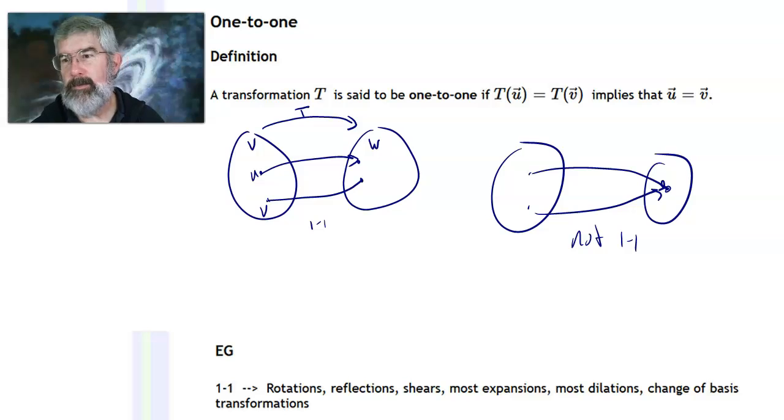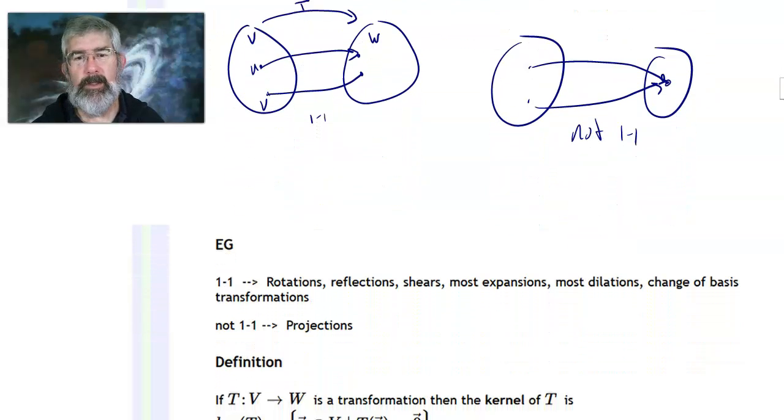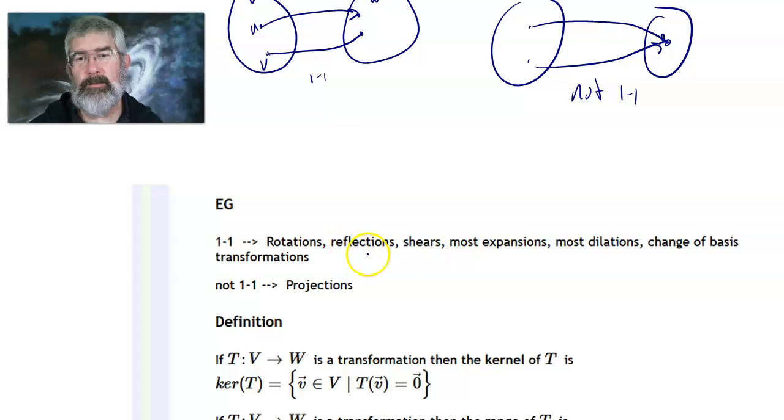Examples of transformations we've already looked at that are one-to-one: rotations, reflections, shears, most expansions and most dilations. I say most. The book would say all, because one of the things the book did was, for the expansions and the dilations, they always took positive values of k, right? You started with your expansions, right?